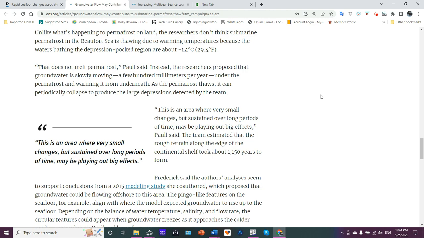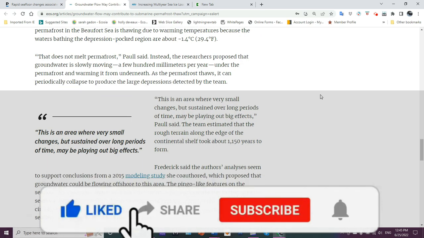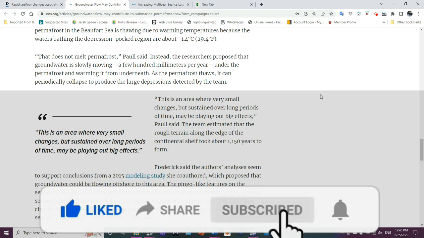Think of the warming ocean waters melting the ice from underneath, say around Antarctica or in the Arctic Ocean itself. So as the permafrost thaws, it can periodically collapse to produce the large depressions detected by the team.